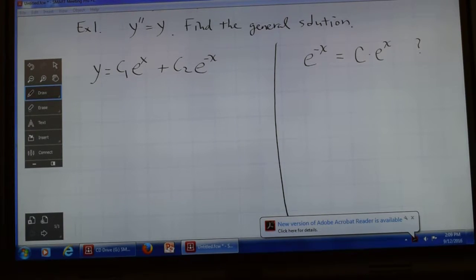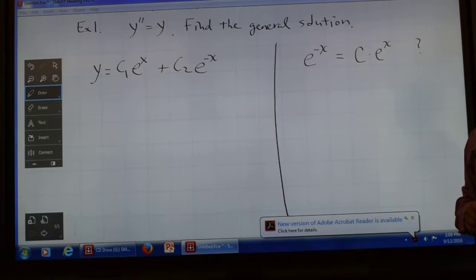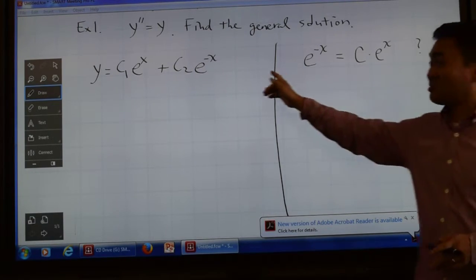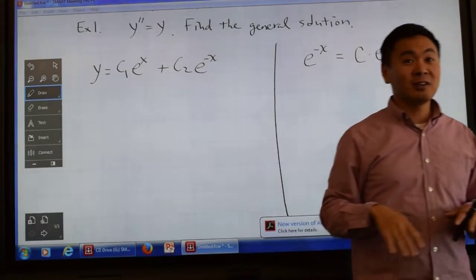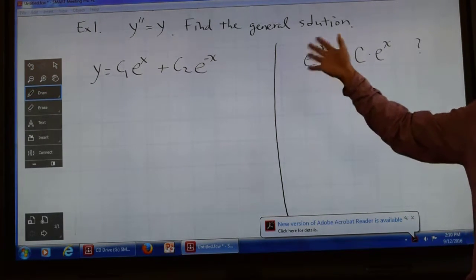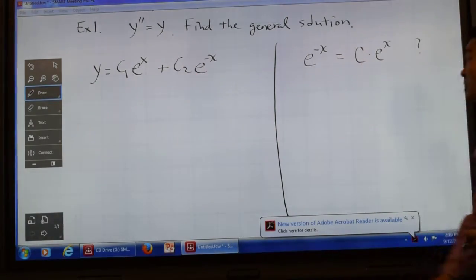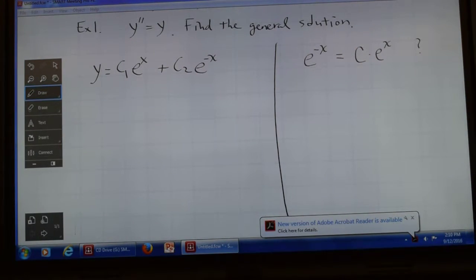Bad. It's bad. That means we have to go and find another solution. If this is false, if this is never true, is it good or bad? It's good because that means these two are genuinely different, and we now have our two solutions, and this will be the general solution. That's what we're trying to show.